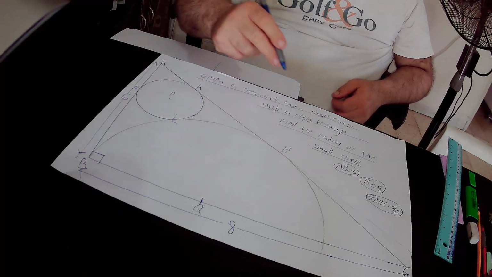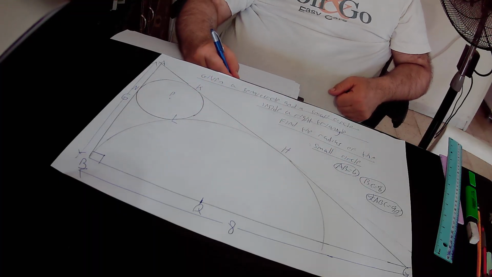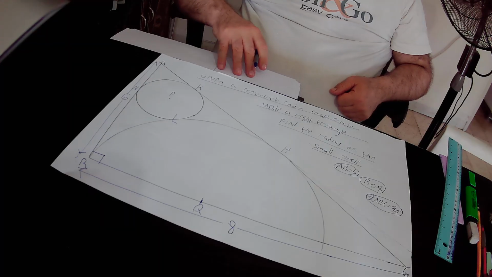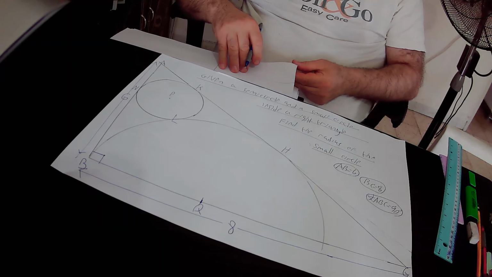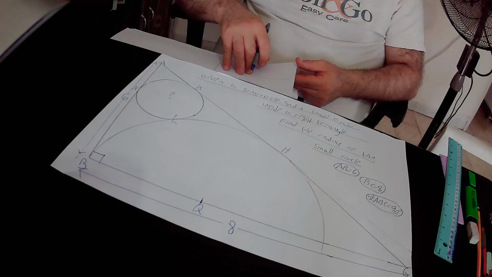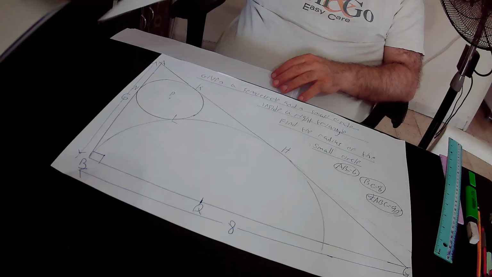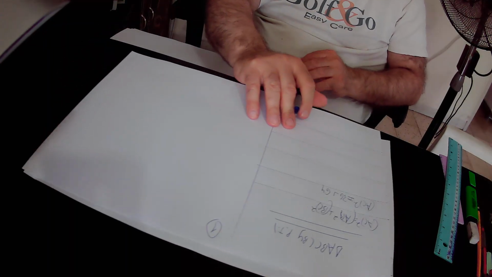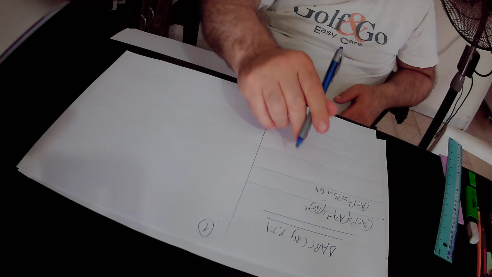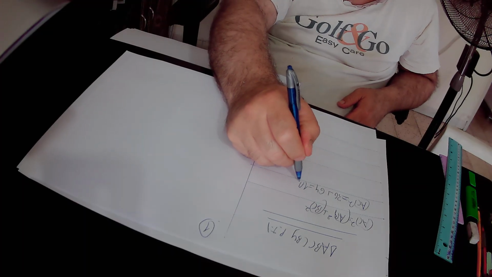BC is 8, therefore BC square is 8 squared, that is 64. So in total we find that AC square equals 36 plus 64, that is 100.